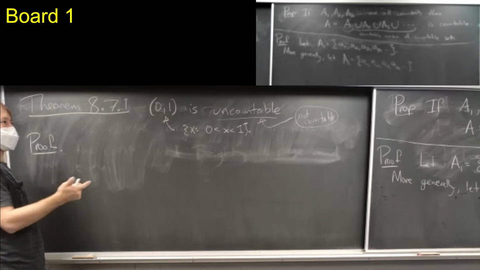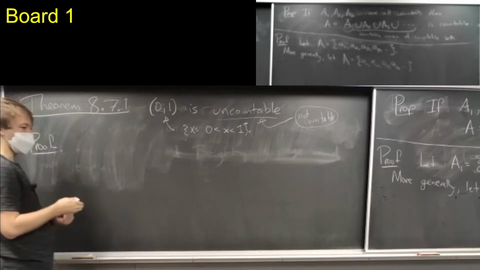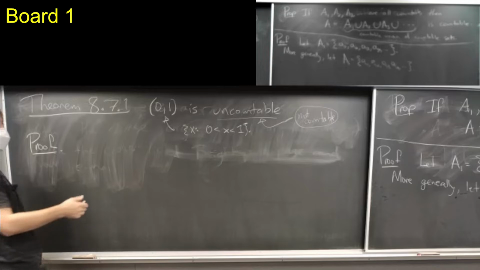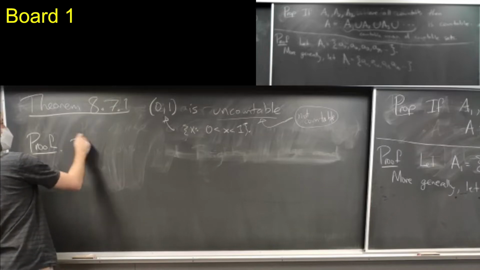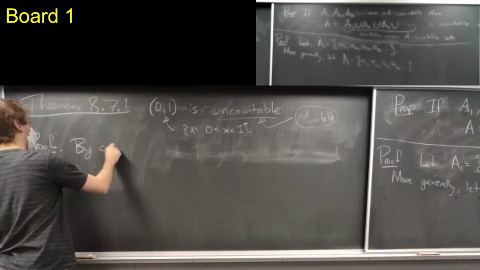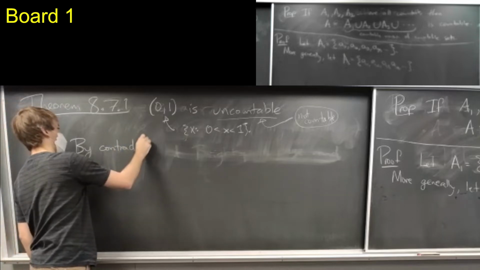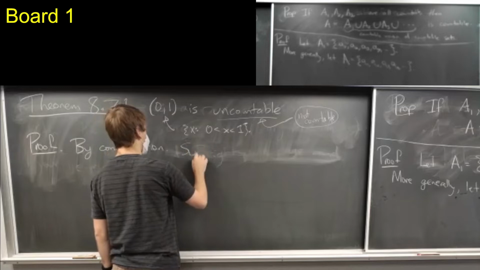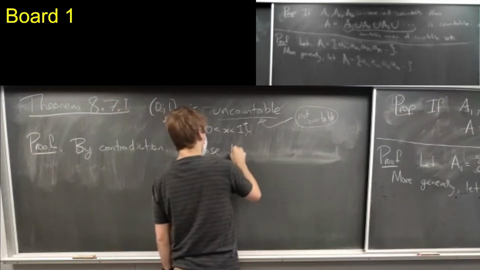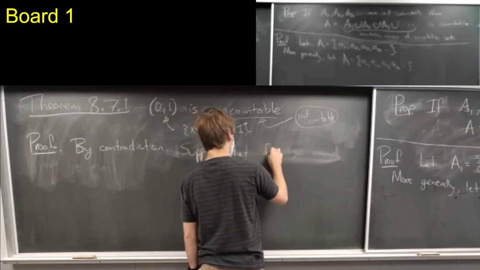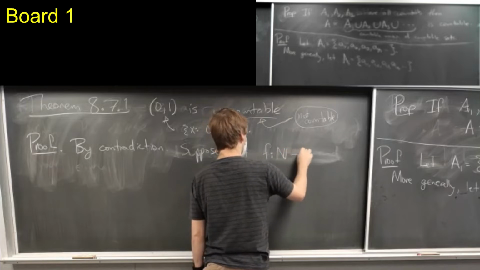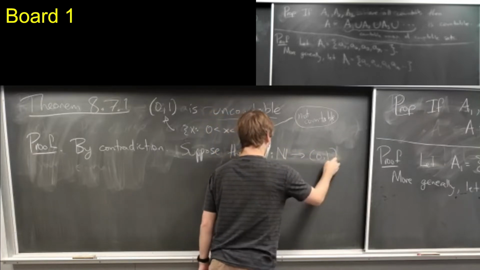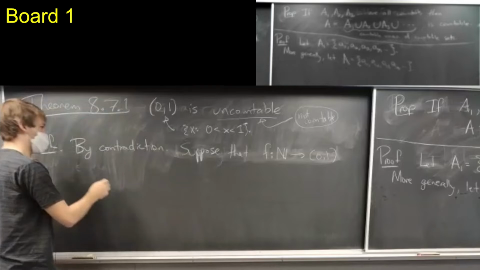So let's do this by contradiction. I want to prove that no bijection exists. So suppose that f is a function from the naturals to 0, 1, so is a bijection.